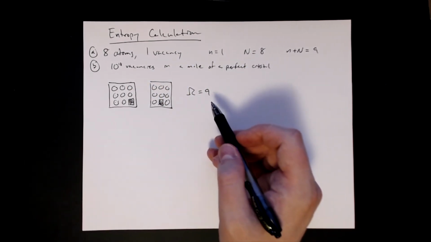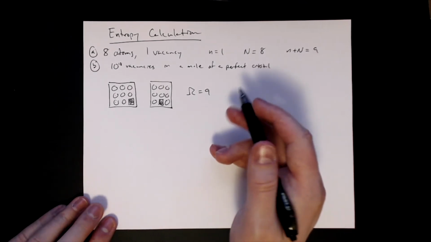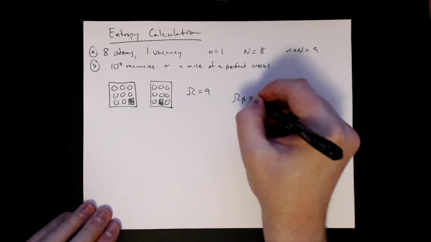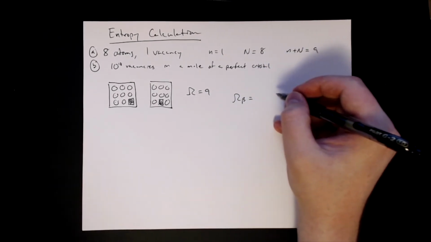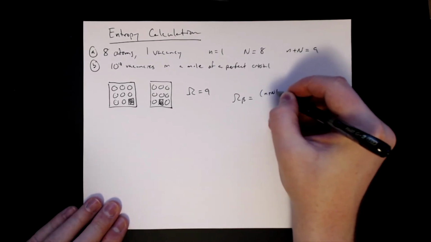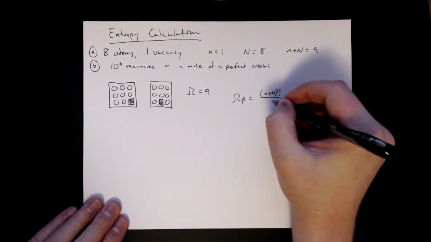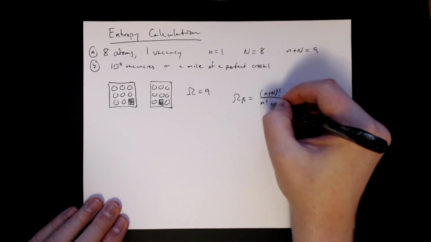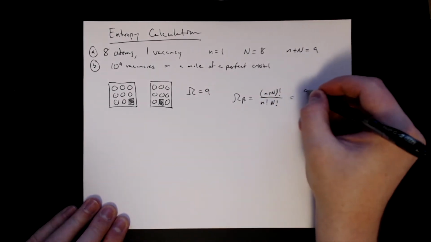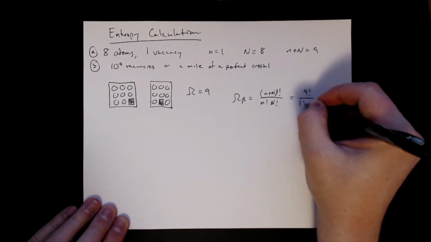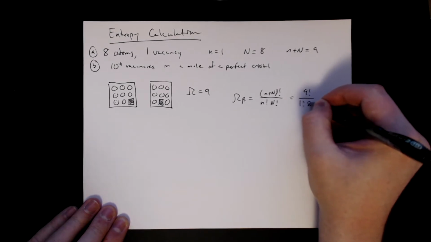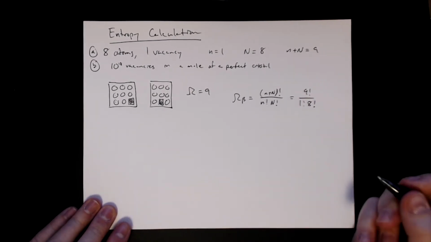So let's see if our equation does the same. So our omega equation, if you'll recall, was N plus n factorial over N factorial times n factorial, right? So this is going to be 9 factorial over 1 factorial and then 8 factorial.